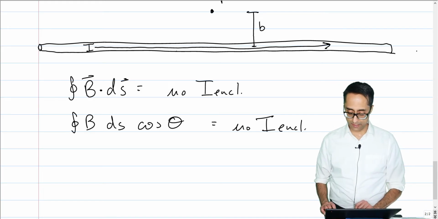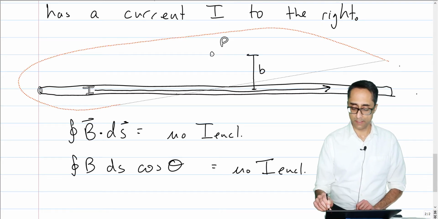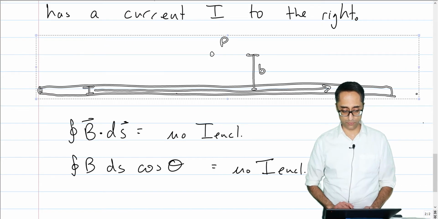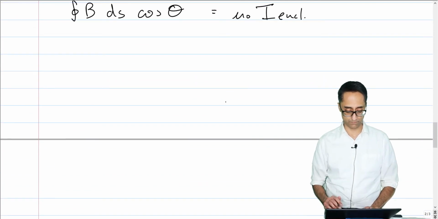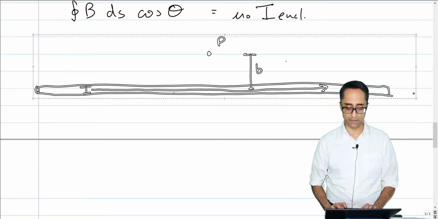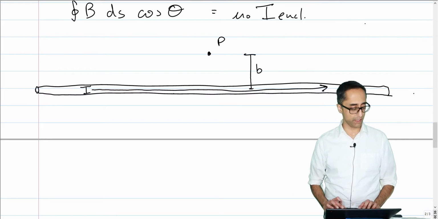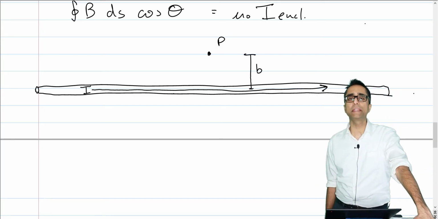And so I will redraw my problem. I don't want to touch the original question. And so here I am redrawing it. All right, it looks identical. And what I'm going to do is to draw my Amperian loop.